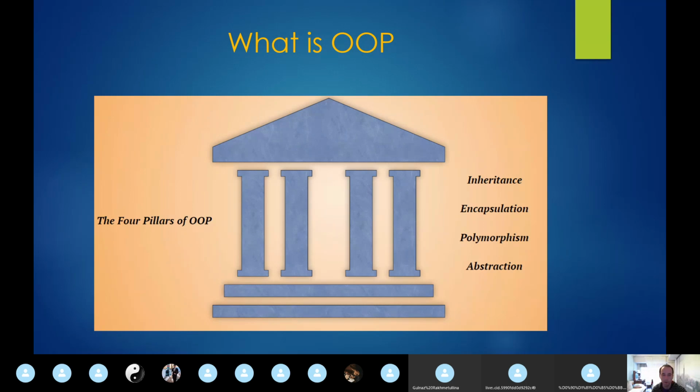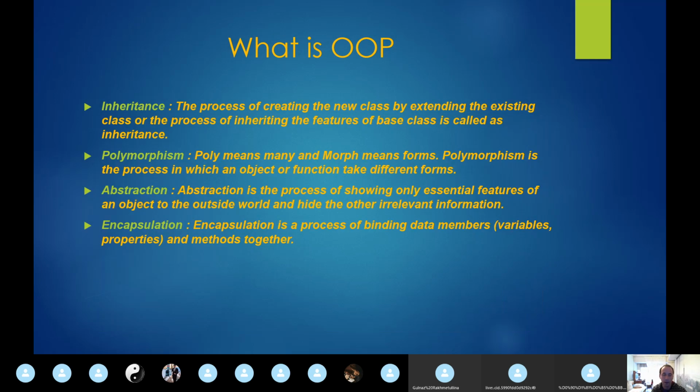There are also the four pillars of object-oriented programming that you need to memorize and use: inheritance, encapsulation, polymorphism, and abstraction. In inheritance, you create a new class that extends the previously existing class that you have, and it will create more properties or more methods inside this class.